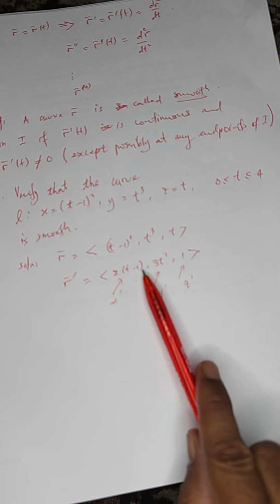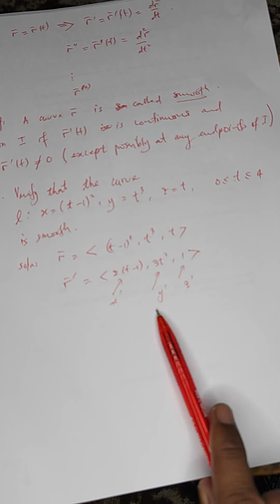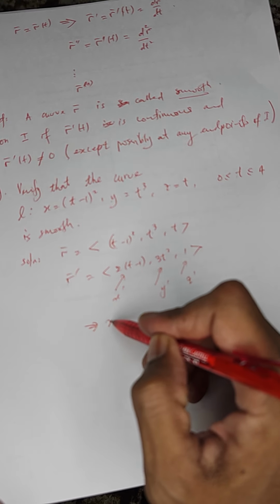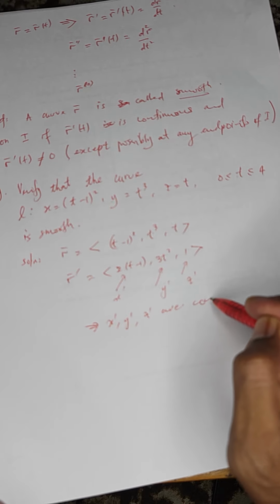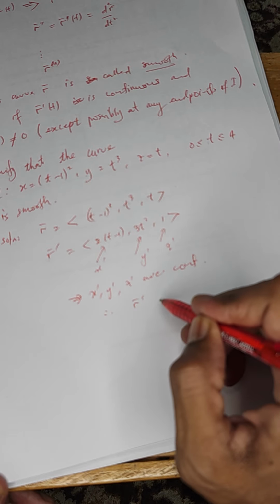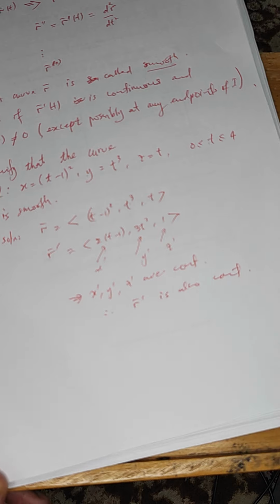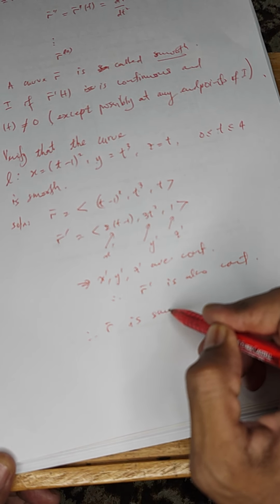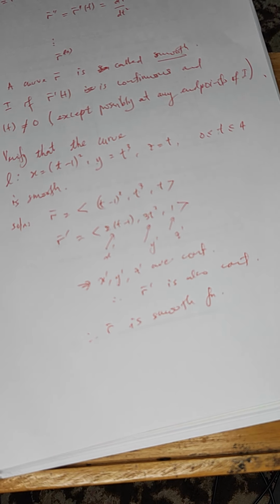This is a linear function, this is a quadratic function, this is just a constant function, which means x prime, y prime, and z prime are continuous. Therefore, R prime is also continuous. So therefore, R is a smooth function, or the curve itself, L, is a smooth curve.